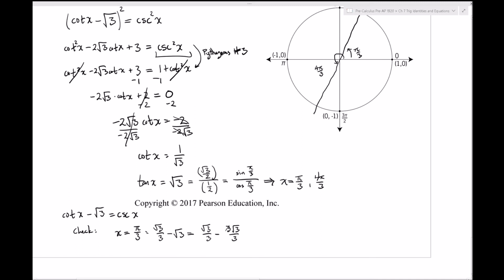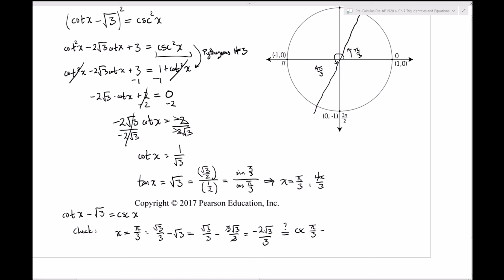That way those 3's cancel out. But if you leave those 3's the way they are, you're going to get negative 2 square root of 3 over 3. Is this equal to cosecant of pi over 3? That's the question.